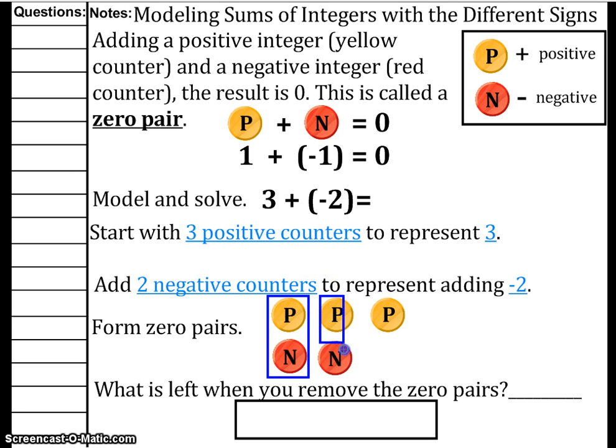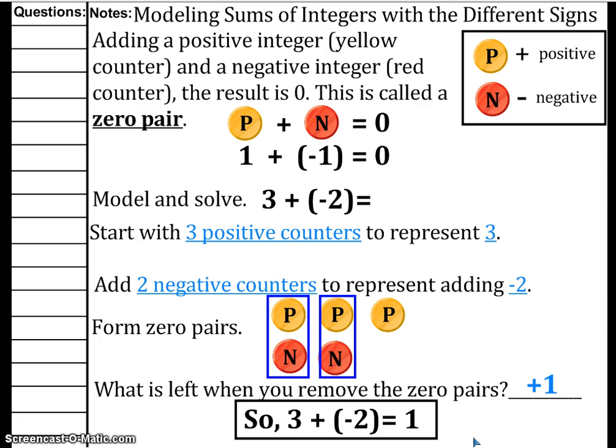And then I'm going to put this positive plus this negative together. That's another zero pair. Once I have combined my zero pairs, what do I have left over? Well, I have one positive left over. So, positive 3 plus negative 2 is positive 1.